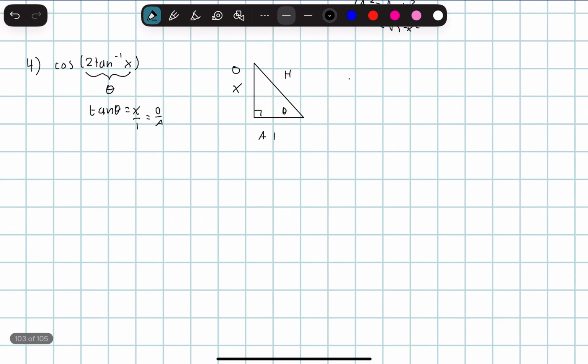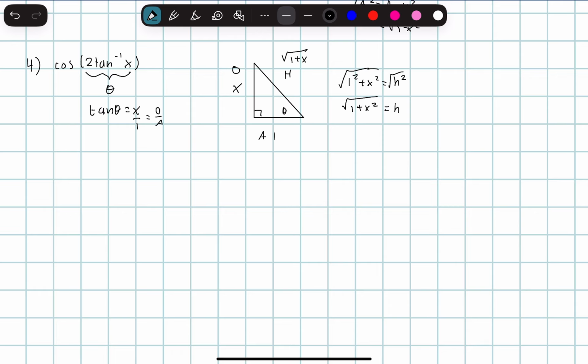Now, how can you find the hypotenuse? Well, you can do that by doing 1 squared plus x squared is equal to h squared. Great, now we take the root of both sides. So the square root of 1 plus x squared is just going to equal the hypotenuse.